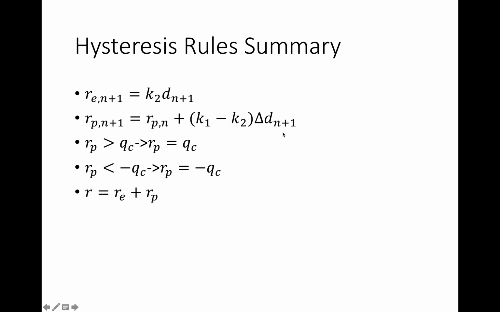This is the incremental plastic force. However, if the total plastic force is larger than QC, then let it equal QC. If smaller than minus QC, then let it equal minus QC. And then when we convert RP, we calculate R equals RE plus RP. So they will always follow the elastic rules, with no going over and no underestimation.